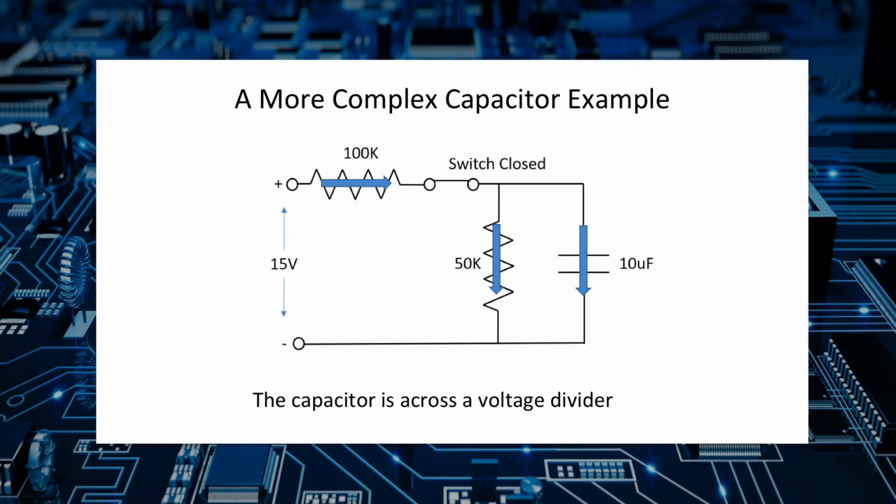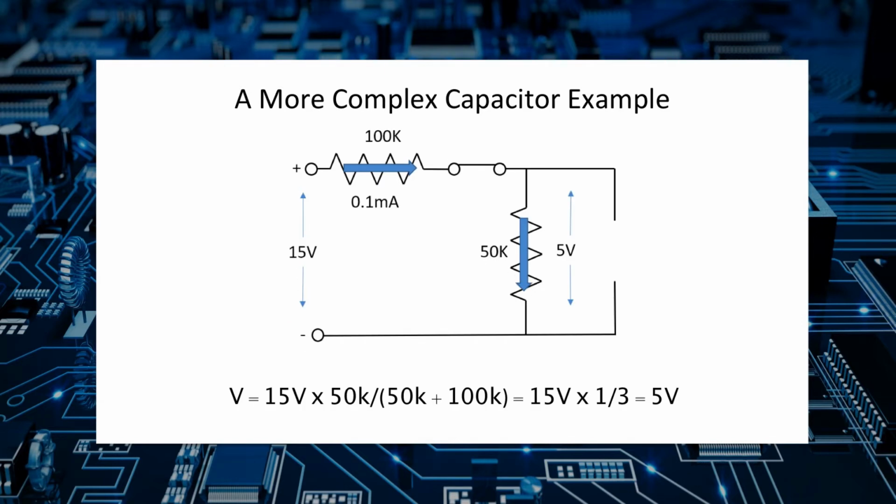So we need to figure out what's going to happen in terms of the final voltage across the capacitor. To do that, we'll assume that the capacitor is an open circuit, because when the capacitor is fully charged, that's how it's going to behave. And if you remember the general formula for a voltage divider, it's R2 over R1 plus R2 times the voltage.